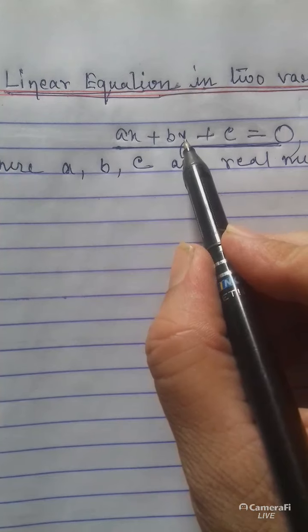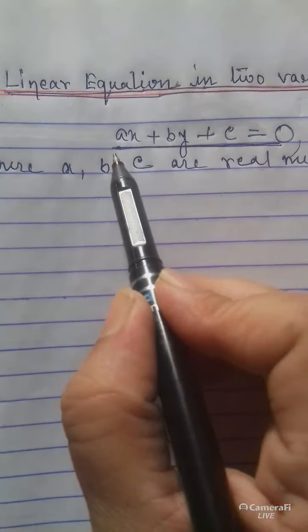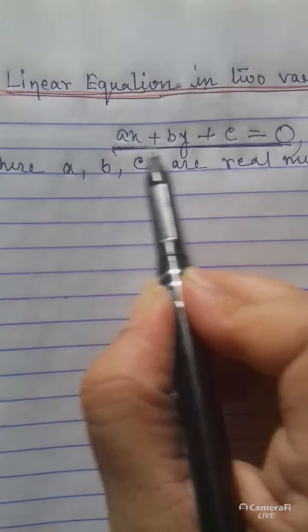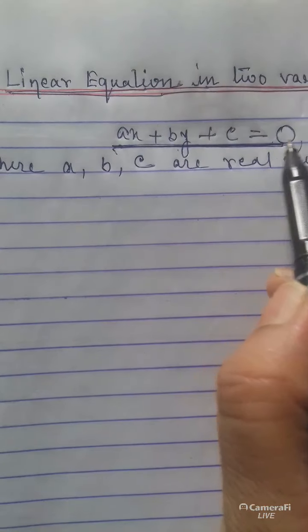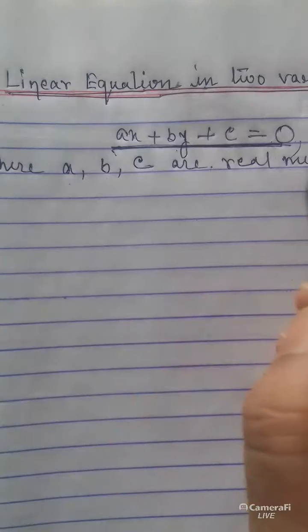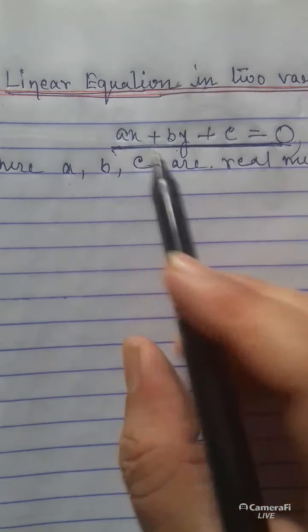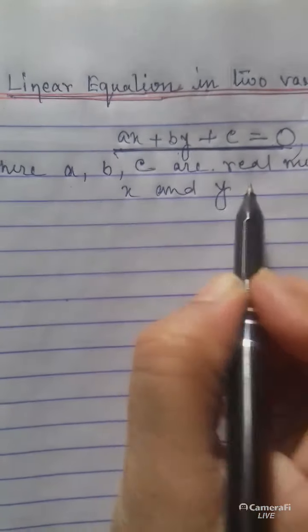So what is linear equation in two variables? An equation in the form of ax plus by plus c equal to 0, where a, b, c are real numbers, is called a linear equation in two variables of x and y.